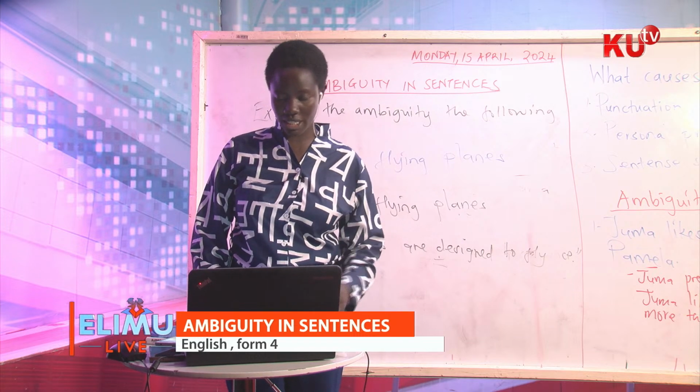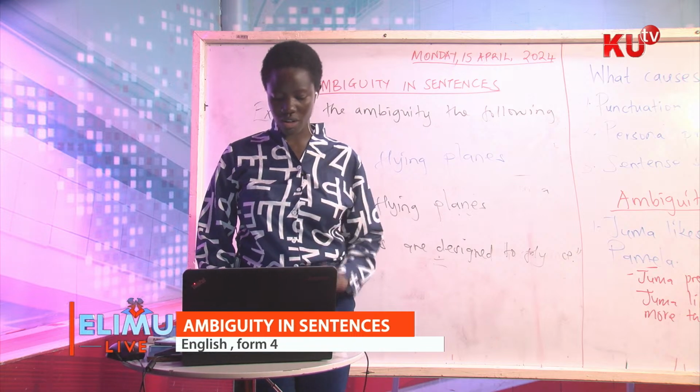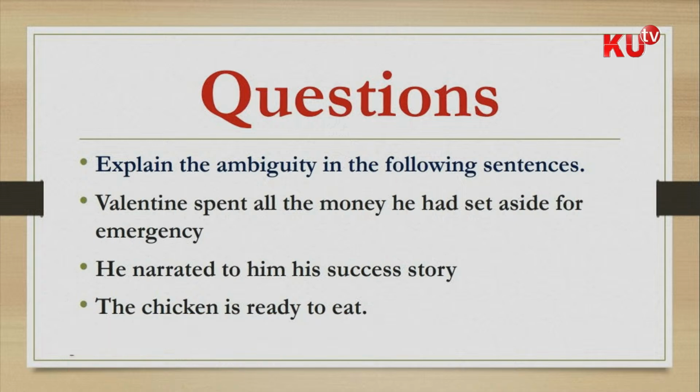So here we have Valentine. From your answer, I believe you have someone known as Valentine. So we have the subject Valentine, who had money, and then he had set aside some money. So he had saved some money, and he just got an emergency, and so he decided to use this money that he had set aside for this specific emergency.